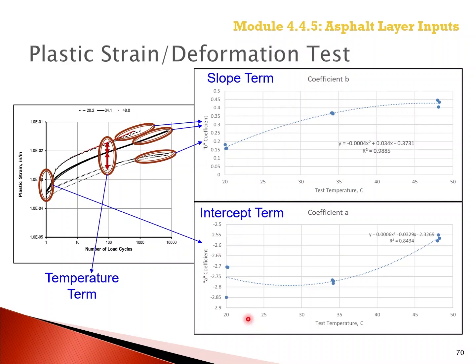From the steady state range, the intercept term or coefficient A is derived from the intercept from the steady state, and then the temperature term or exponent is derived based on the spread of the cumulative axial strain within the steady state range versus the number of axial load cycles.